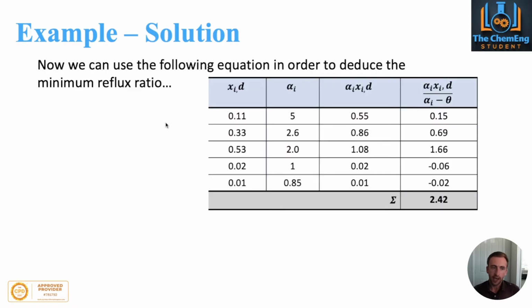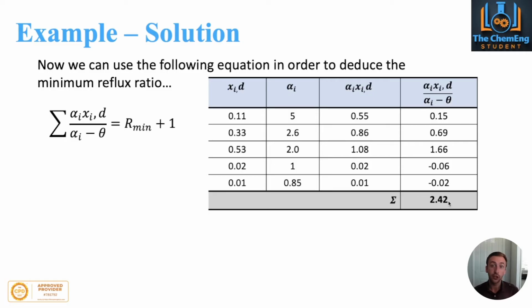So now, using the other reflux ratio equation, we can find what the minimum reflux ratio is. We have our respective values from the tables before. We multiply these two together. We then include the 1.35 in the calculation.